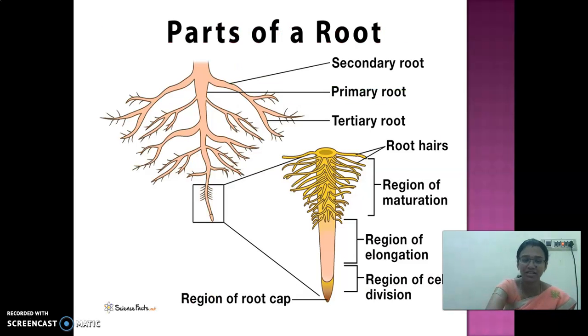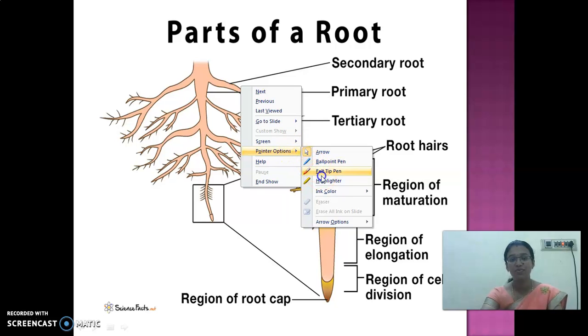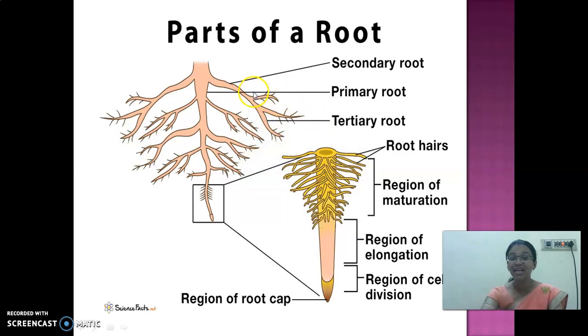Okay children? Look here. Parts of root. This main thick one is called the primary root. This thick one, the center part, is called the primary root.